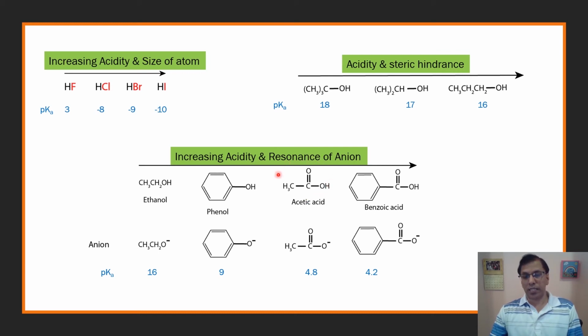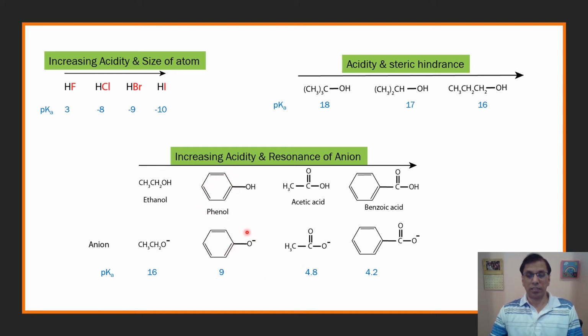Let's look at acetic acid. In the case of acetic acid, the negative charge can be delocalized on 2 oxygen atoms. Since oxygen is more electronegative than carbon, it can manage the negative charge much better. And hence, it has a lower pKa value than phenol.